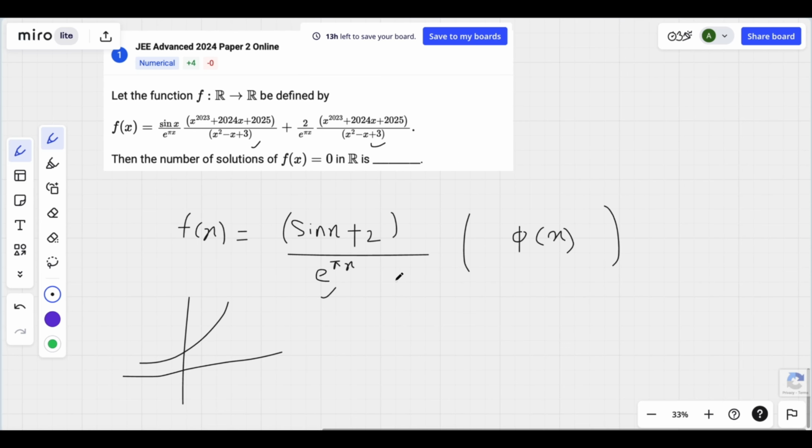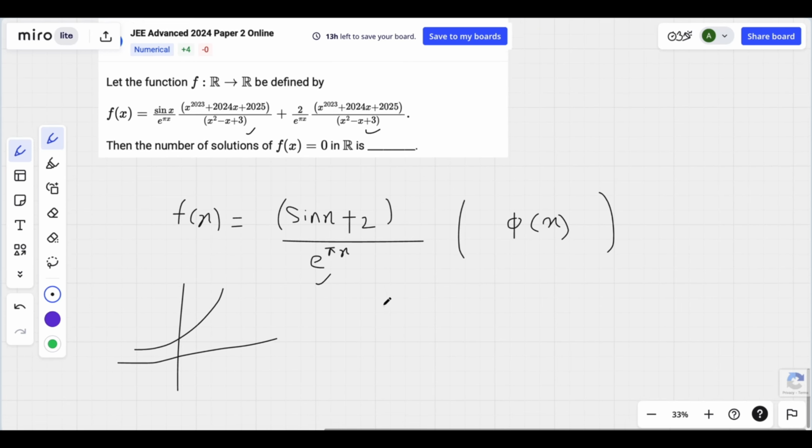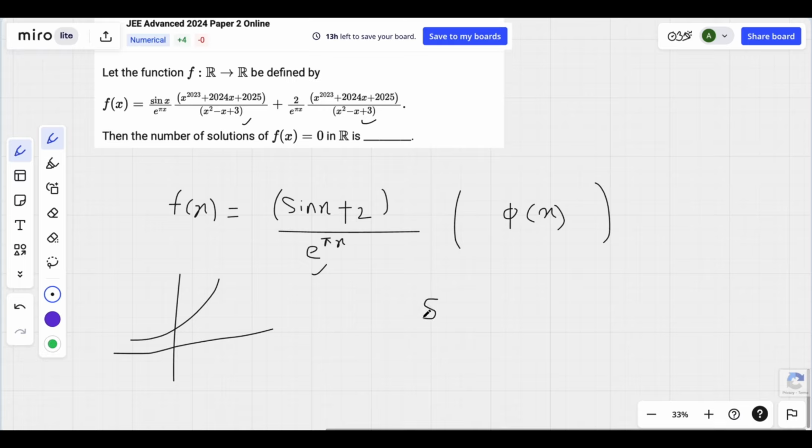Then coming to the second function, sin x plus 2: the range of sin x is less than or equal to 1 and greater than or equal to minus 1.